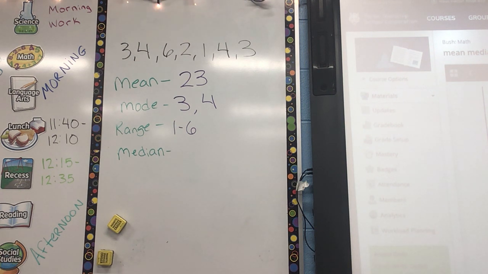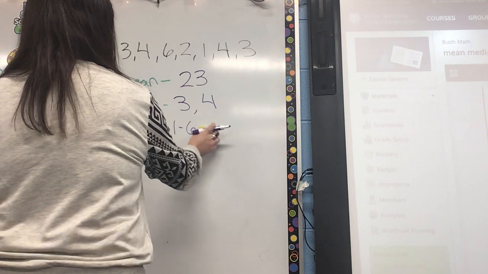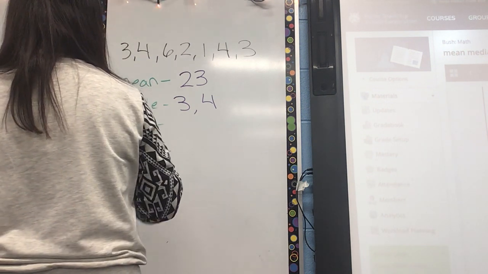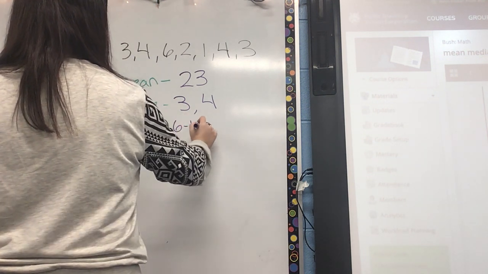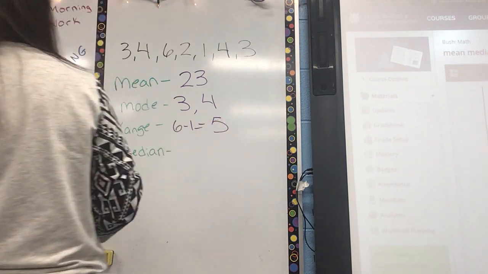We don't read it like a book left to right necessarily, and that's how our equation is. It says smallest from the largest, but you have to think about the meaning. Smallest from the largest. So I'm taking my smallest out of my largest. Okay, so 6 minus 1. So my range is 5.